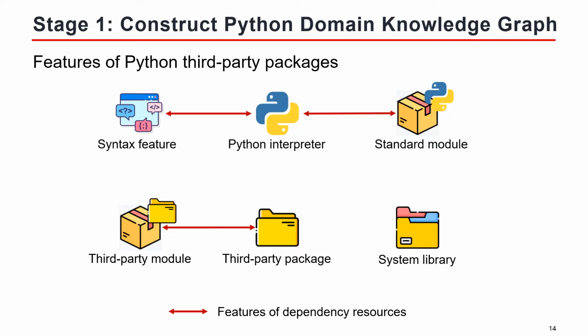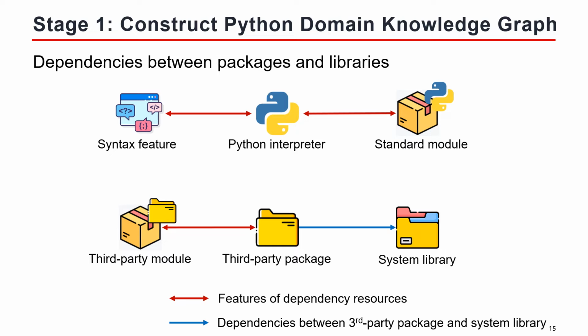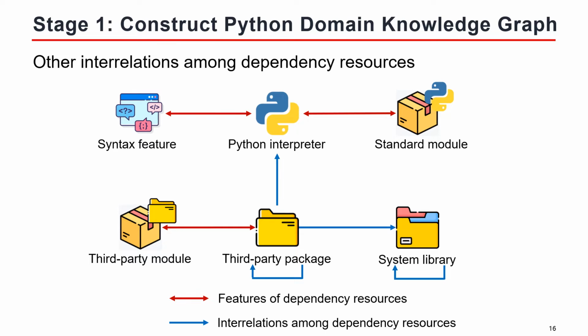Red edges between nodes describe the relations between features and the dependency resources. Meanwhile, the knowledge graph records dependencies between packages and libraries. It also portrays the dependencies among packages and compatibilities between the interpreter and packages. Blue edges are interrelations among dependency resources.